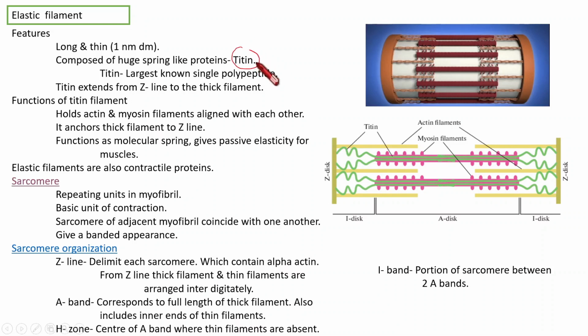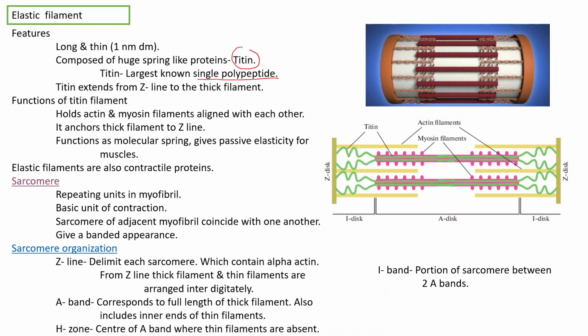Then one more specialty is there for titin. Anybody know what that specialty is? This titin is the largest known single polypeptide. Okay, try to remember that. They can ask us some question in your competitive examination. So anyway, titin is the largest known single polypeptide.